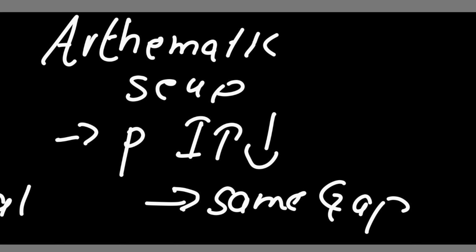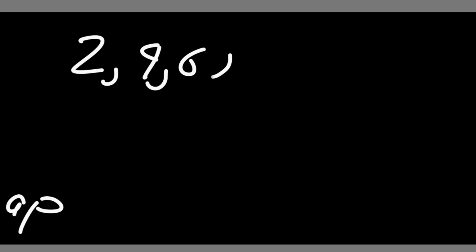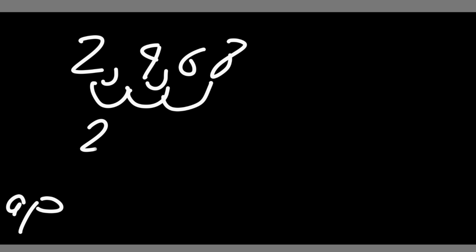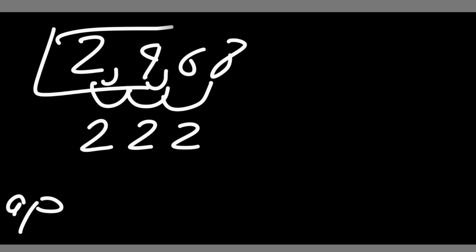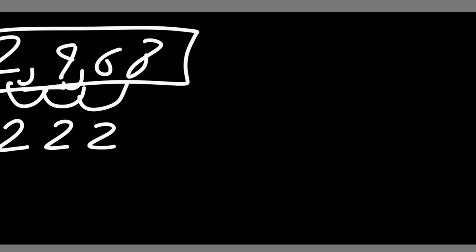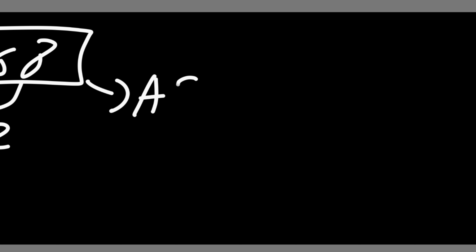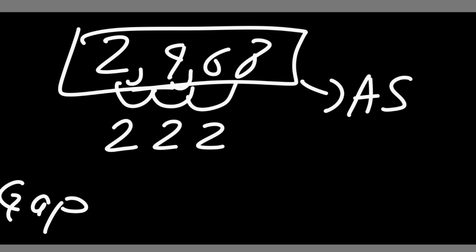Let me give you an example. Remember the 2, 4, 6, 8. Here you see the same gap of 2. So this increasing pattern of numbers is called arithmetic sequence. Simple as that. If it has the same amount of gap between the numbers, it is called arithmetic sequence.